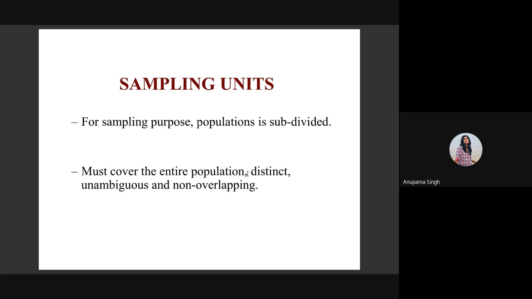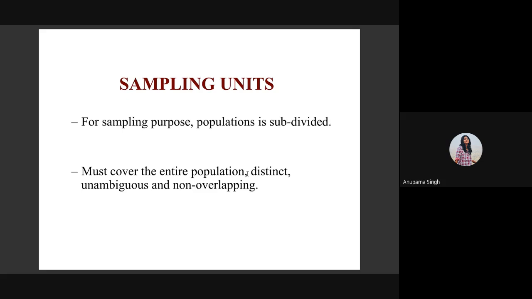The sampling unit should cover the entire population, in the sense it should be population representative. It should be distinct and unambiguous. Unambiguity is very important. It should be very clear what kind of unit you are taking, just as I said that the units can be different. It can be different in the way that you're taking measurements of height or you're taking the impact of some kind of medicine, right?